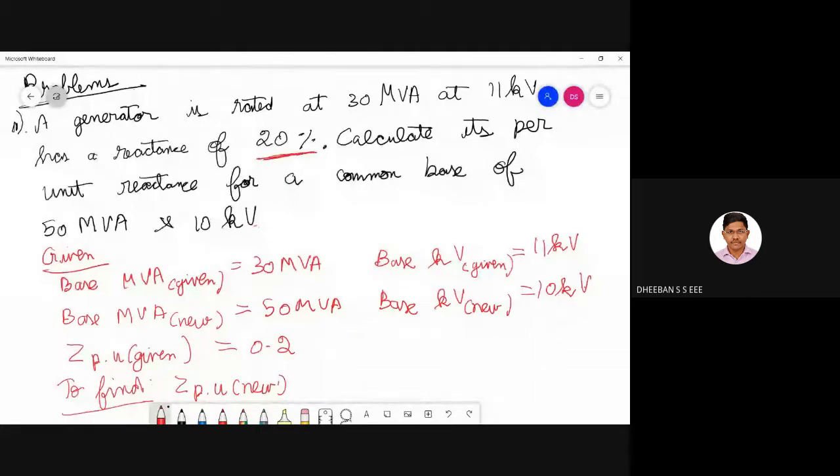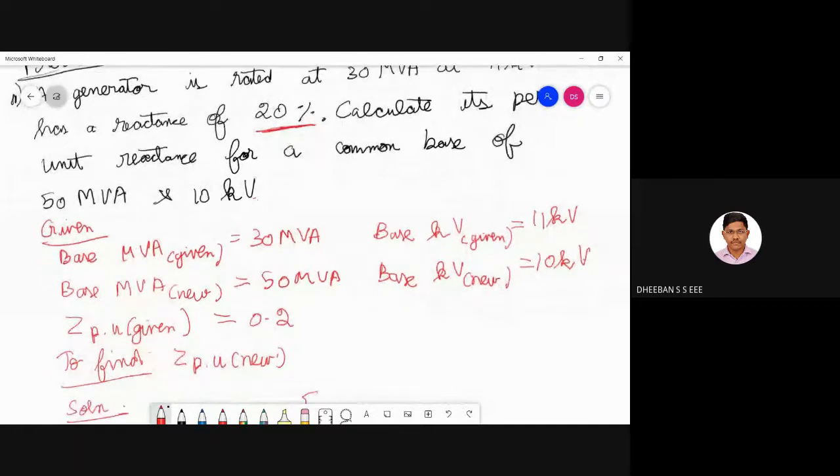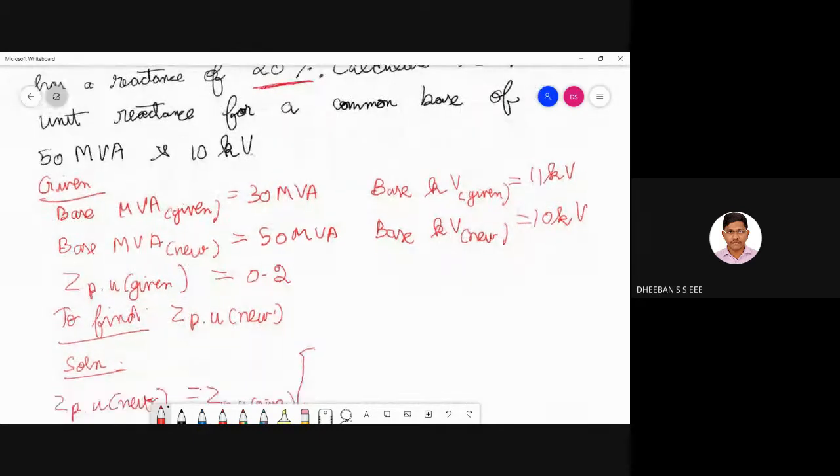You have to see what unit they are representing the reactance in. So here, in terms of percentage, you will take this to be your Z per unit given. If they give it in terms of ohms, you have to use some other formula, that is actual by base.